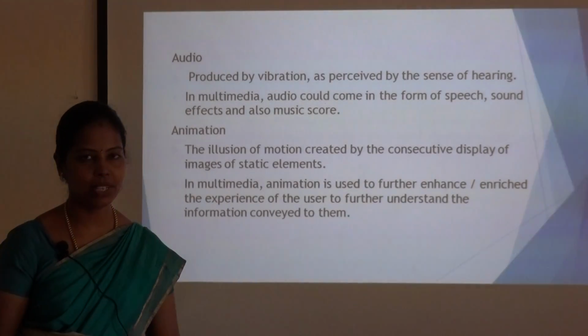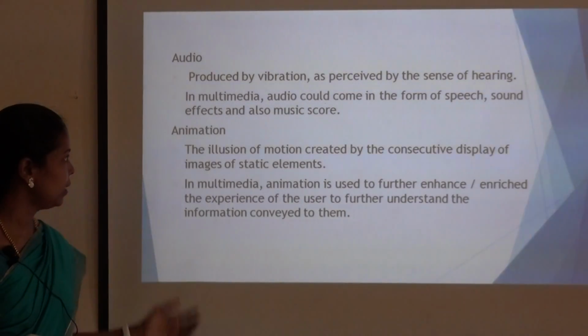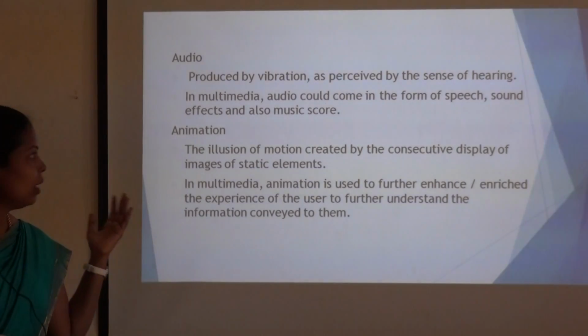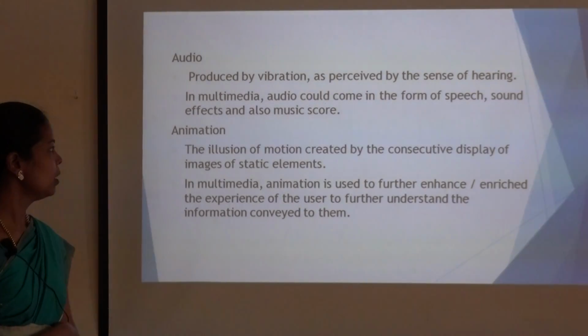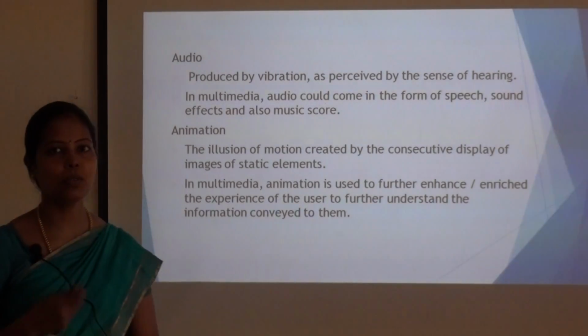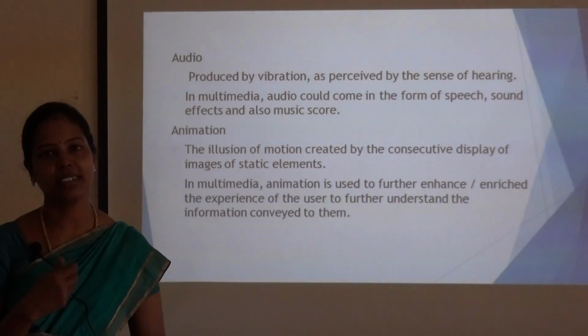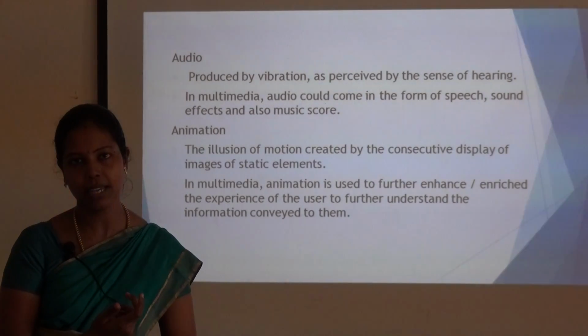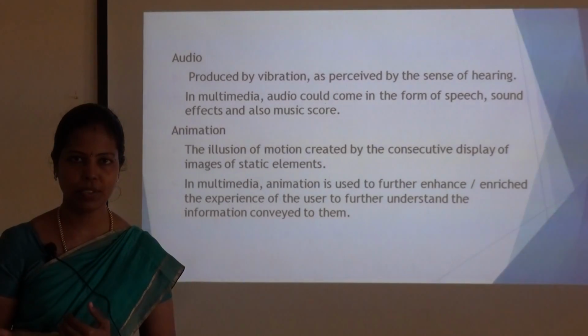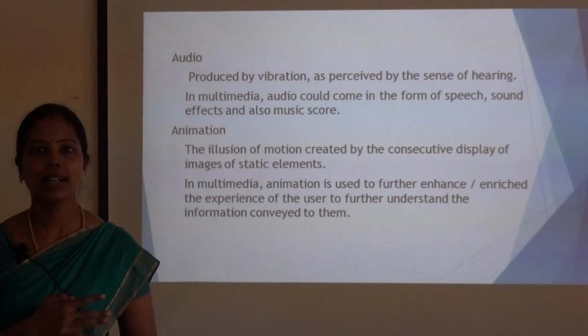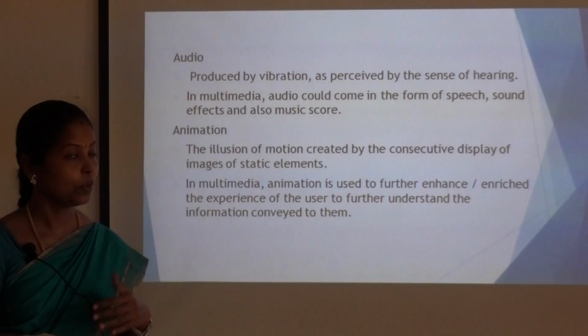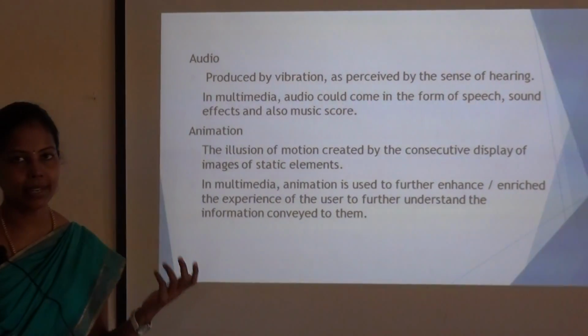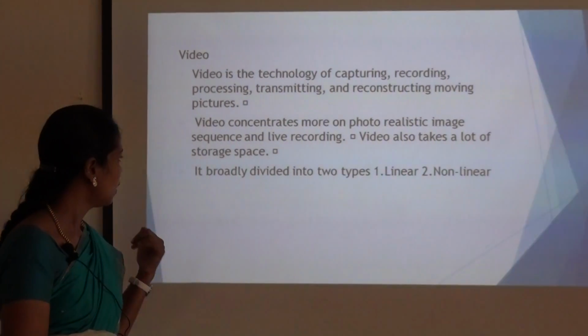Audio, you obviously know, is the sense of hearing. Animation is a consecutive display of images in an attractive way. You will have a lot of images that can be displayed in a consecutive way, in a more attractive manner.